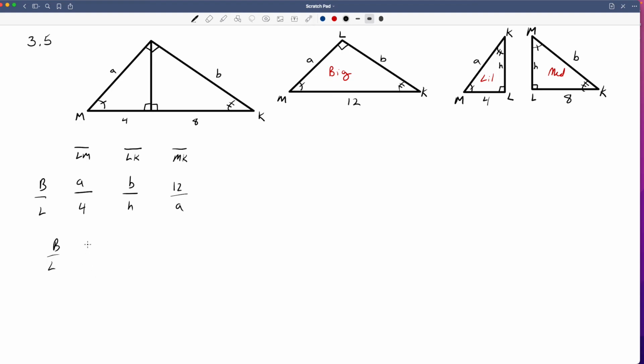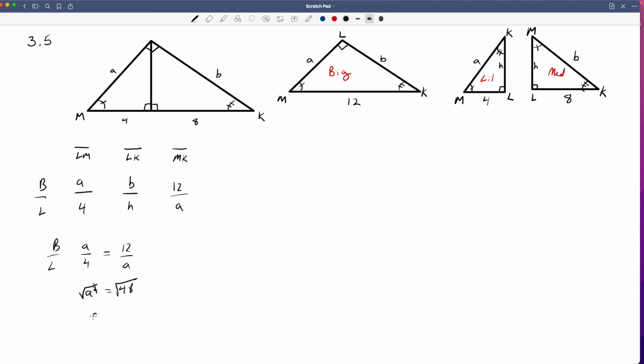I have A over 4 is equal to 12 over A. Do you see where I'm going? A times A is A squared. 4 times 12 is 48. A squared equals 48. I can unsquare that.